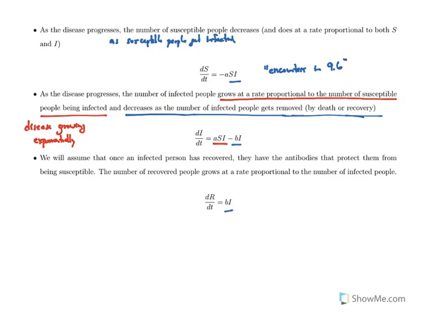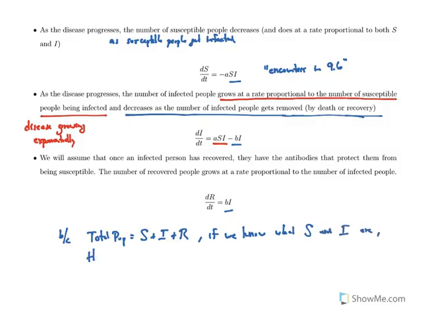So note that because the total population is equal to S plus I plus R, if we know what S and I are, then we also know R. If you ever know what both values of S and I are, then we don't have to think about that last value, the number of recovered people.